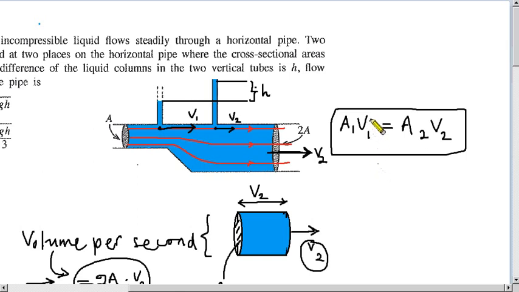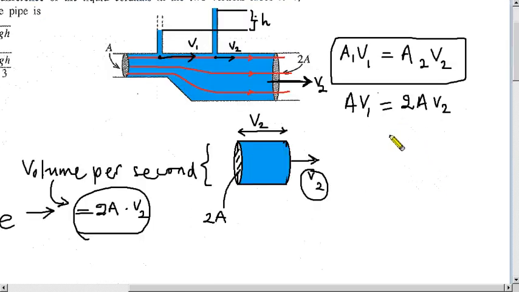So we can substitute here for A1, because they have given it as capital A. A1 is just A, so A V1 equals A2, which is 2 times A, times V2. So A cancels, V1 equals 2 times V2.